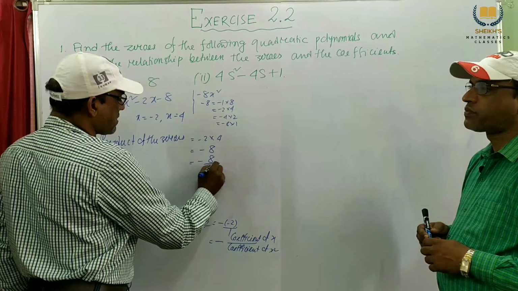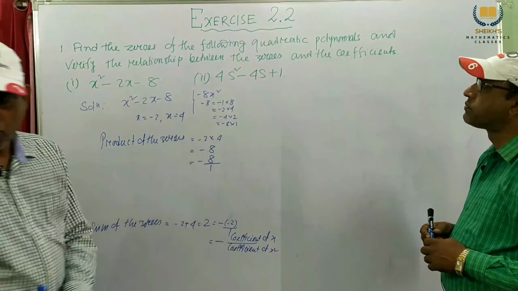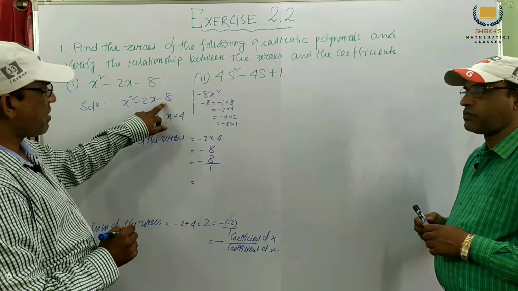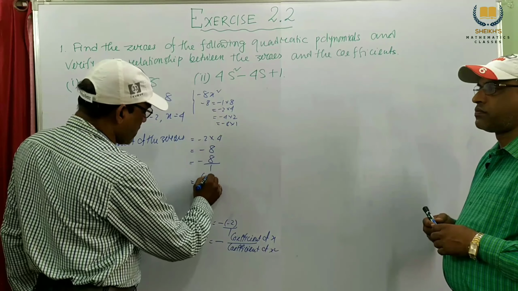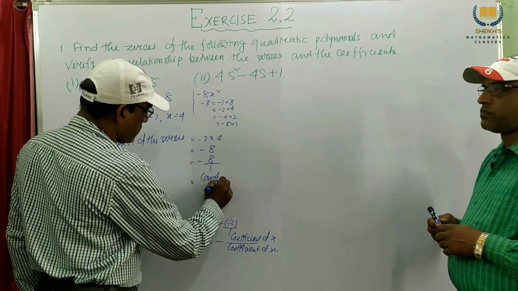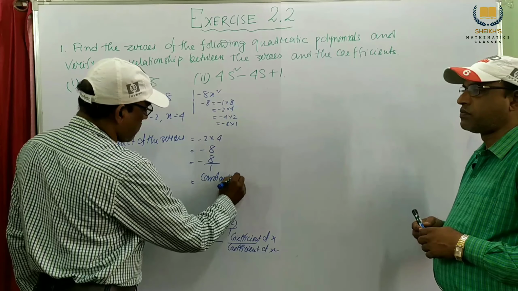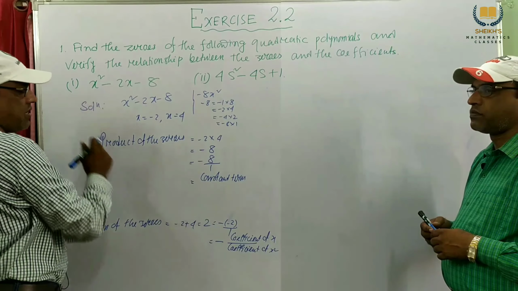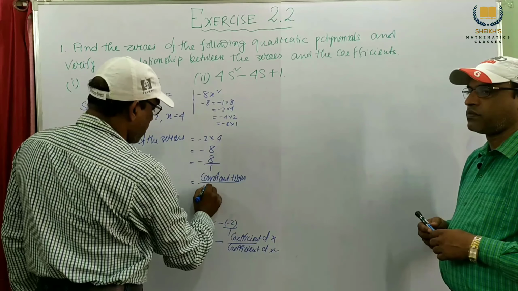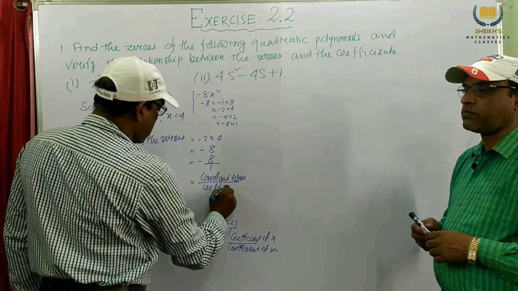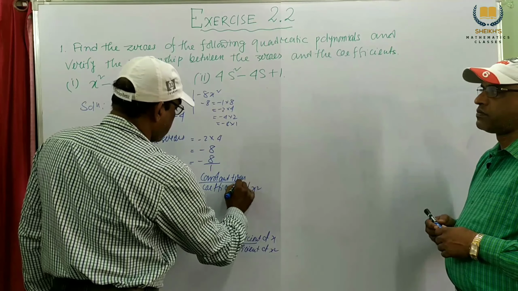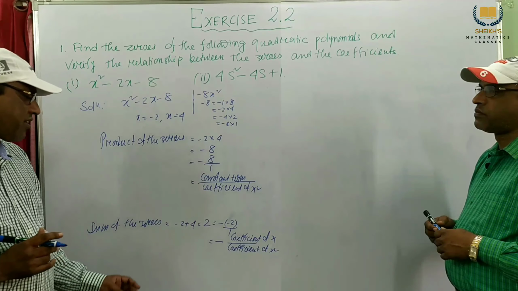We can write minus 8 as minus 8 by 1. So minus 8 means the constant term, and 1 means the coefficient of x square. So this is the verification.